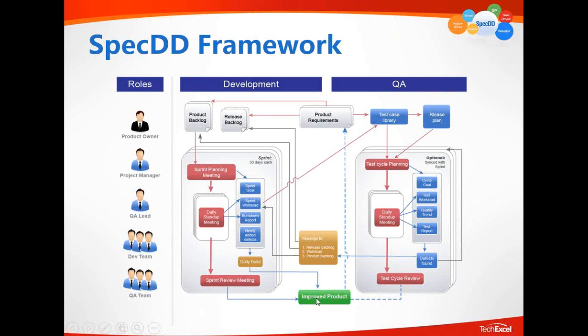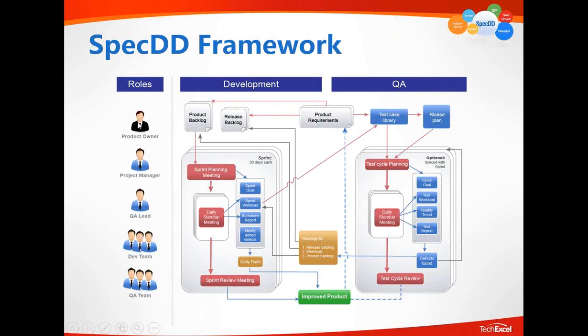In other words, the improved product is not just the end result of the development sprint, it's the result of every day. Such improved working software needs to be used by your testing team with the testing plan and by performing testing cycles. And such testing cycles, in terms of start and end dates, do not necessarily need to be synchronized with the development sprint. So that's the framework.